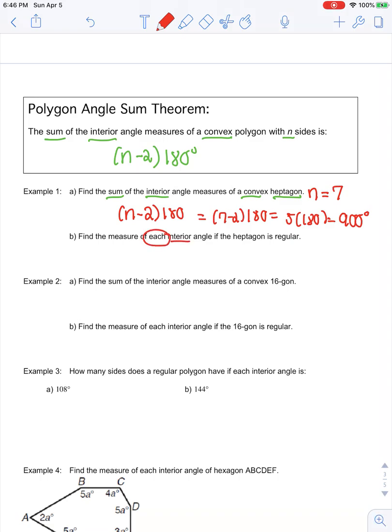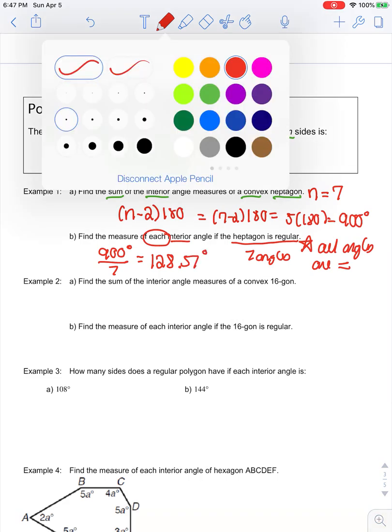Now, if I said find the measure of each interior angle, and I tell you that it's a regular heptagon, remember that a regular heptagon means that all angles are equal. So if there are a total of 7 angles, then we'll take that 900 degrees, divide by those 7 angles, and that gives us approximately 128.57 degrees for each angle.